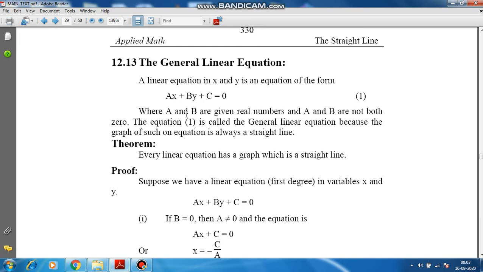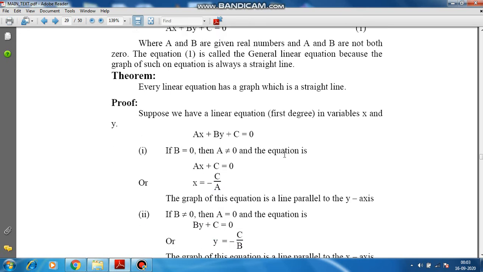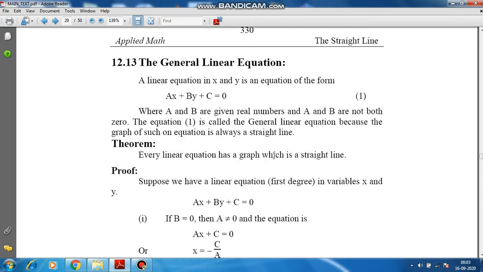So what we can say is that the linear equation is the equation of a straight line. Okay. Now we shall see how we convert this general equation into those particular types of equations already discussed.